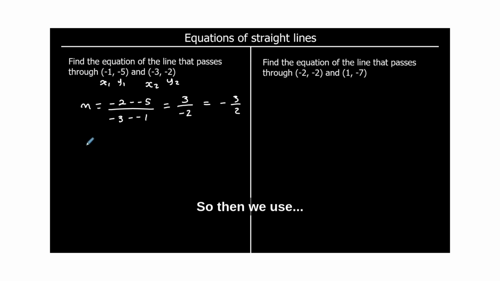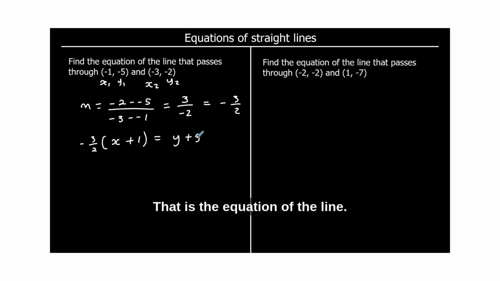So then we use the gradient times x minus x1, x minus minus 1, so x plus 1, equals y minus y1, y minus minus 5, y plus 5. That is the equation of the line, but we'll make it in the form ax plus by plus c equals 0.